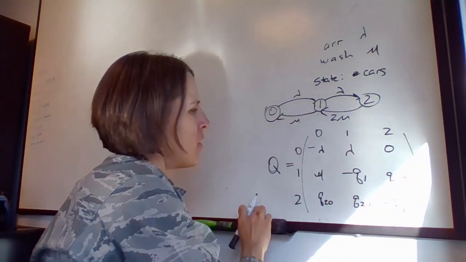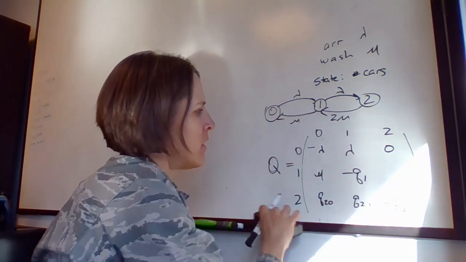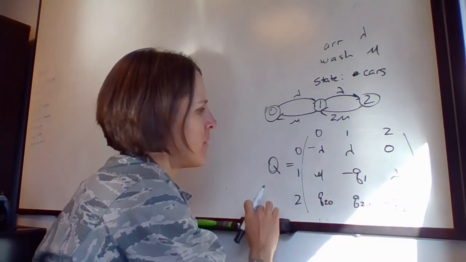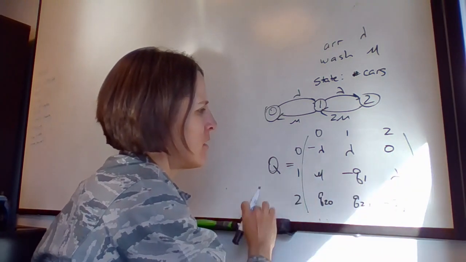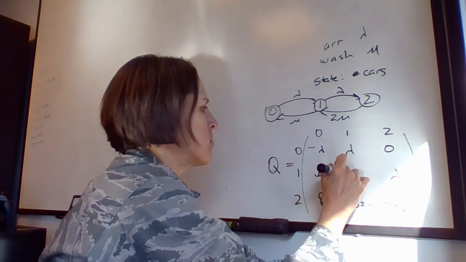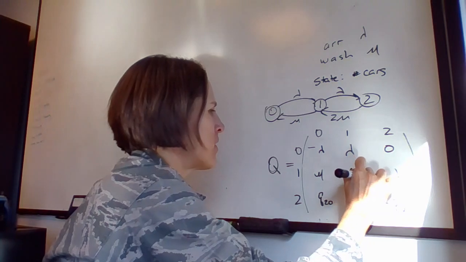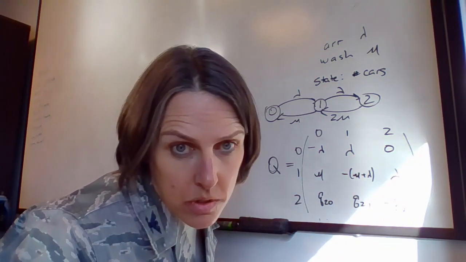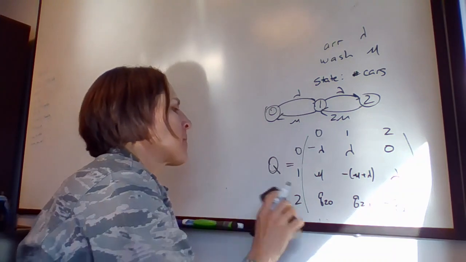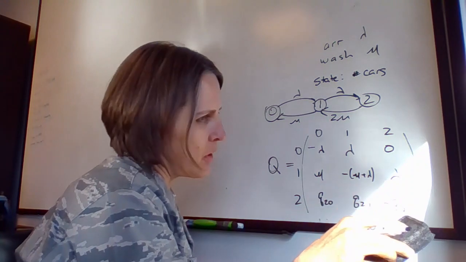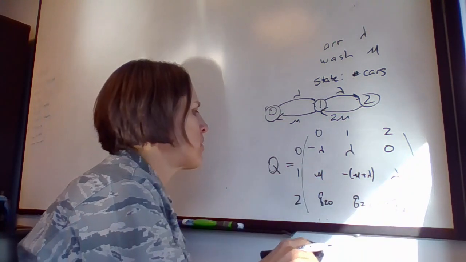From 1 to 2, well, that would be another arrival. So that's lambda. So Q1 has to be mu plus lambda. And here we're going to have minus Q1. So minus (mu plus lambda), because the rows sum to 0. A probability transition matrix sums to 1. We sum to 0 in the transition rate matrix.